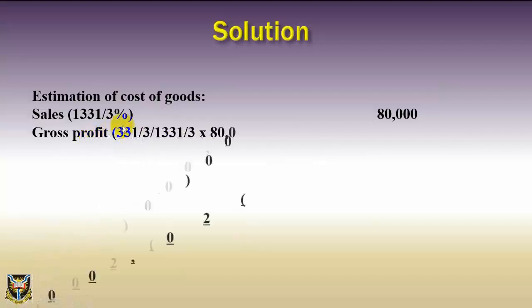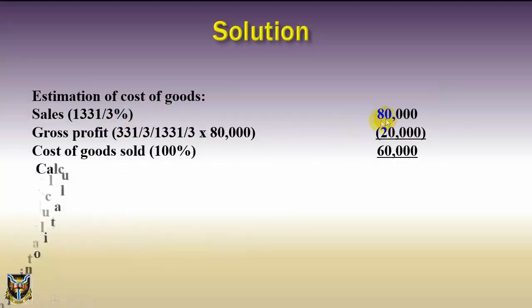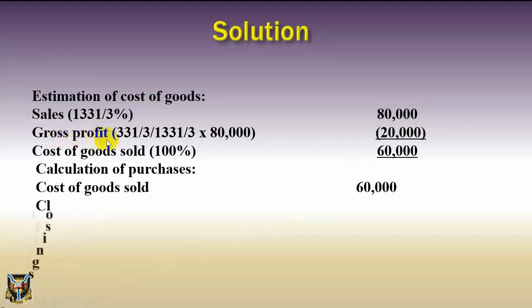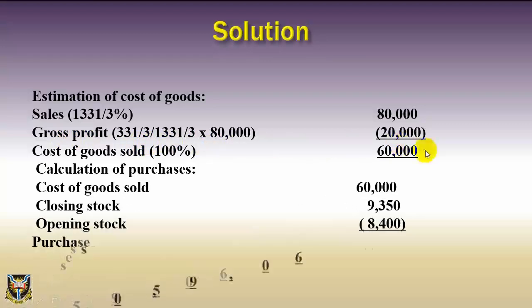Solution: estimation of cost of goods. Sales 133 1/3%, 80,000. Gross profit, 33 1/3 divided by 133 1/3 times 80,000, is 20,000.